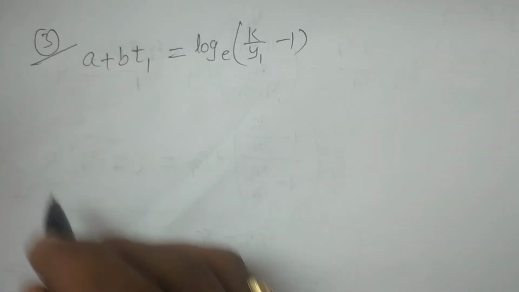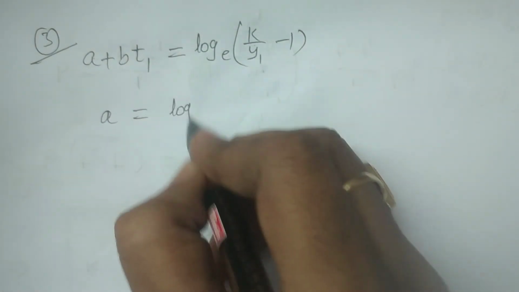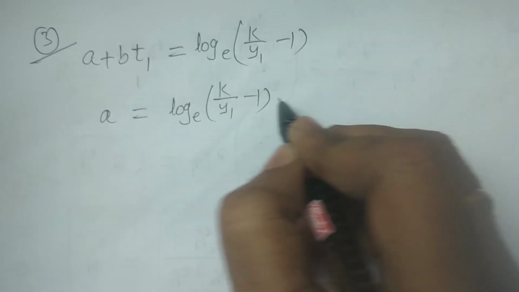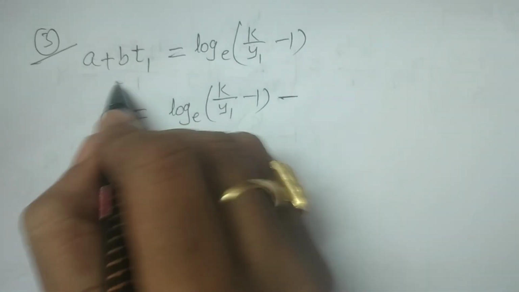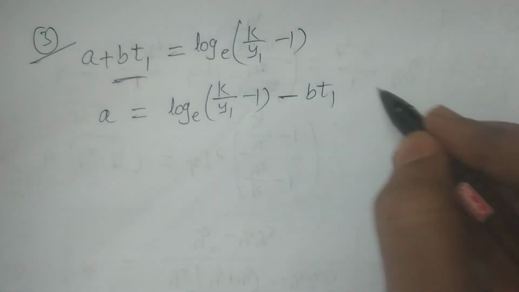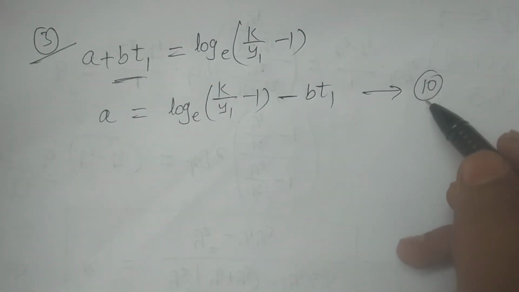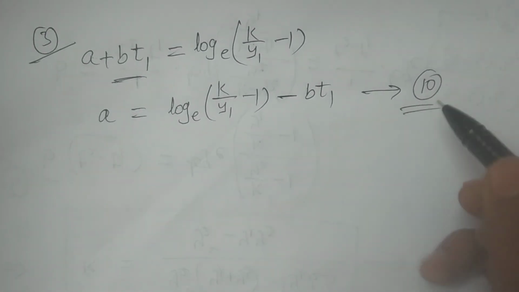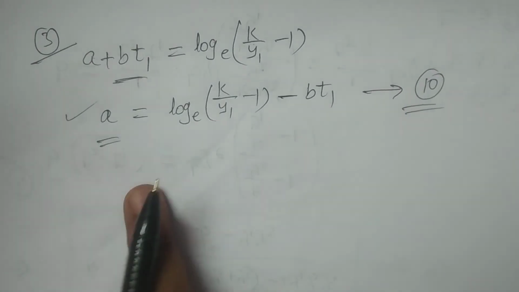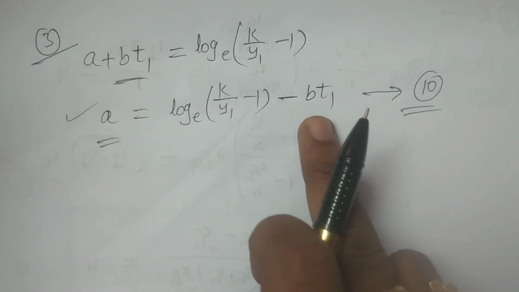So a is equal to log to the base e of (k by y1 minus 1), minus b t1, taking b t1 to the right hand side. This is equation 10. So equation 10 provides you the value of a: log of (k by y1 minus 1) to the base e, minus b into t1.